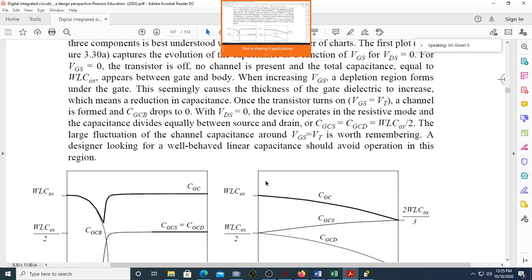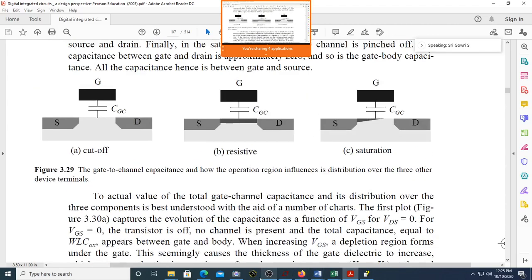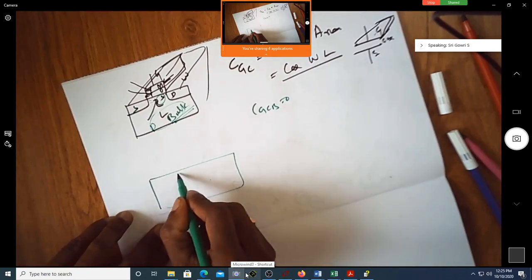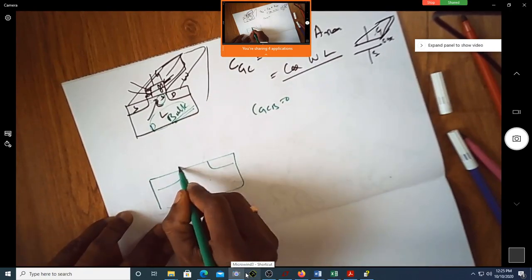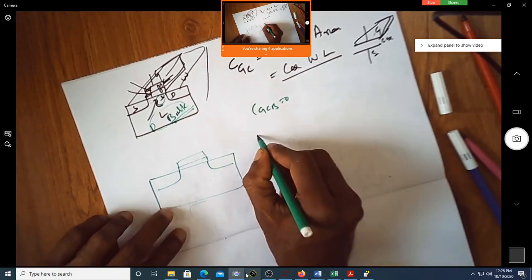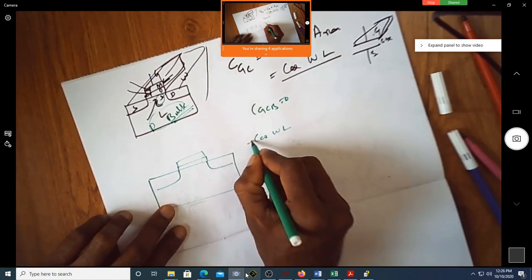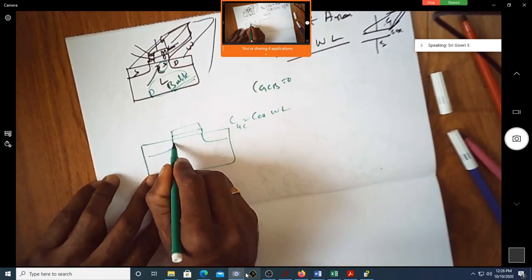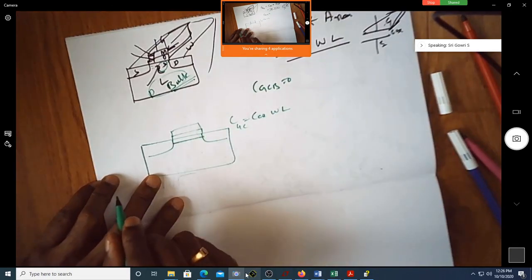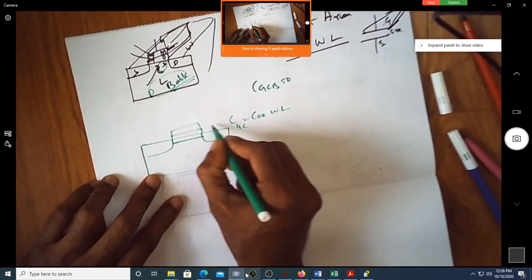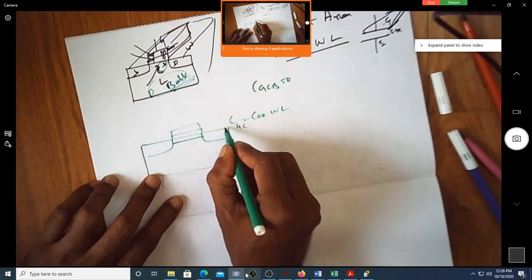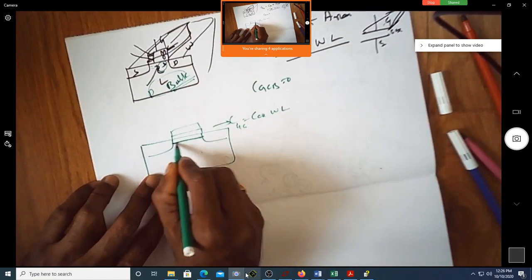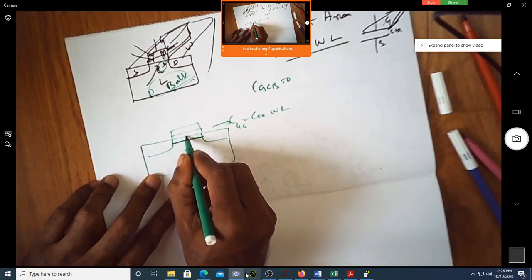So let me just come over here. Let me share the camera. So earlier, without the channel, I had this capacitance of Cox into W into L. Correct? This was CGC. Yes, sir. Once a channel gets formed, for our analysis, we will just divide this available capacitance between gate and channel, because now you have a channel. So you divide this into half.